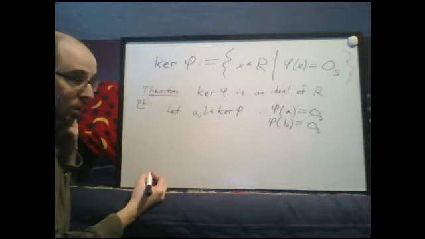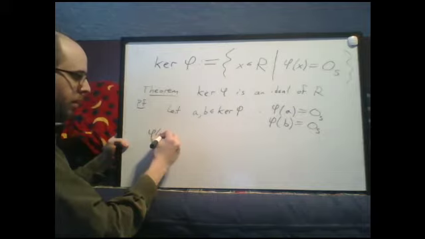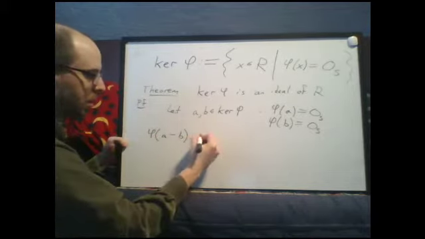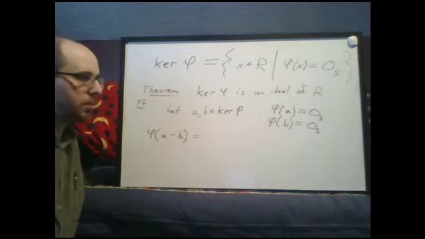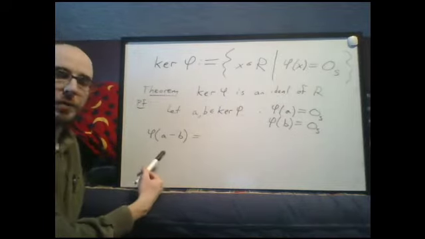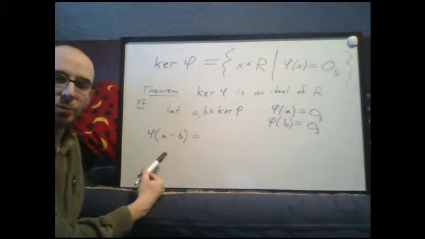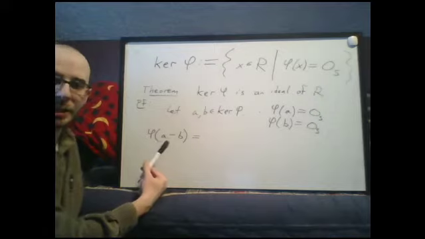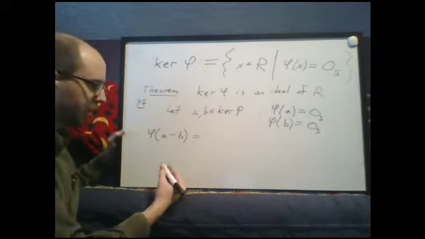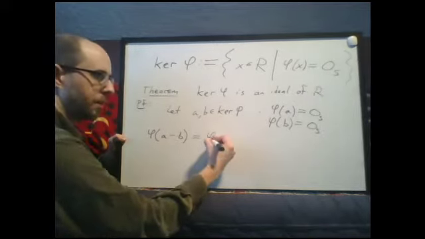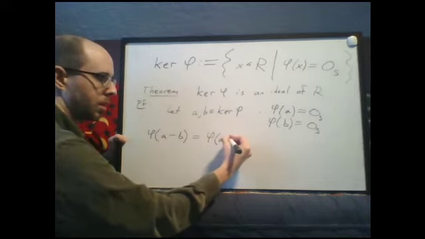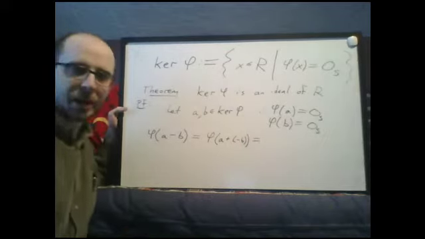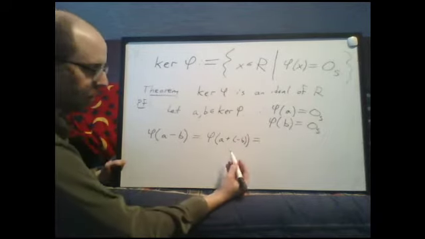Now let's check what is phi of A minus B. We want to show that A minus B is in the kernel. Phi is a ring homomorphism, which means it preserves addition. Subtraction is just a notation that indicates a certain addition here. We've proven this back in group homomorphisms, but let's do it carefully here.